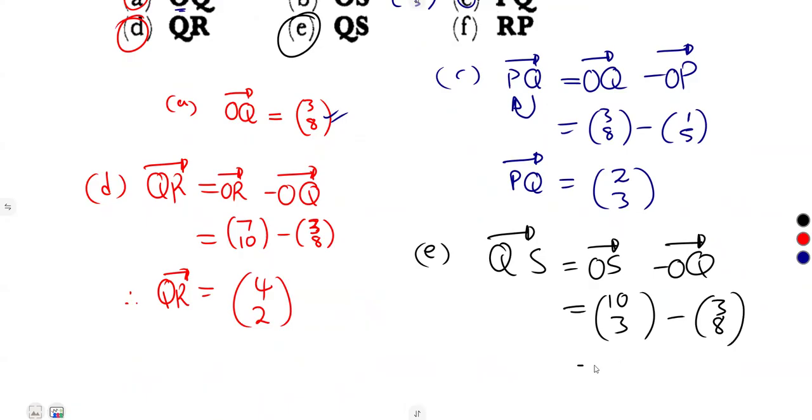So it's all about directed numbers. 10 minus 3, which is 7. 3 minus 8, which is negative 5. So that's our vector QS.